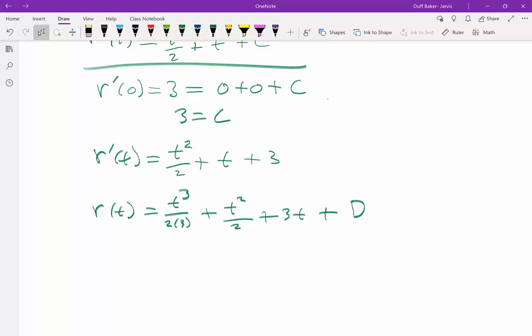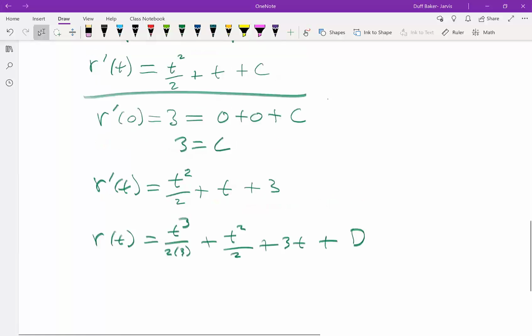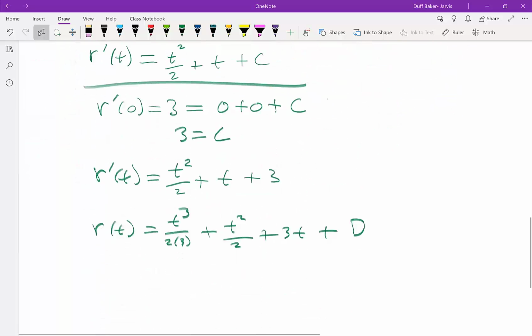And then you would use the second piece of information. Now we use this other piece that's telling us about the r with no derivatives. So what did that say? r of 0 is 2. So r of 0 is 2. Means we're plugging t equals 0 in. We just get a bunch of zeros.